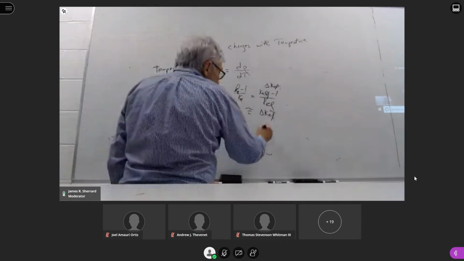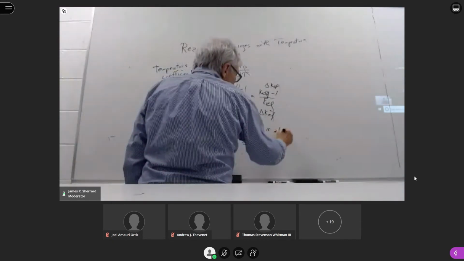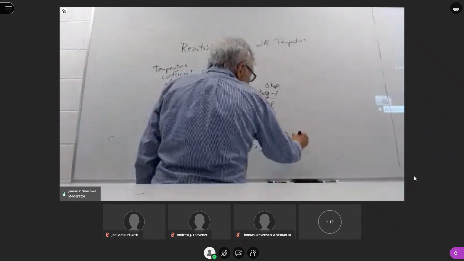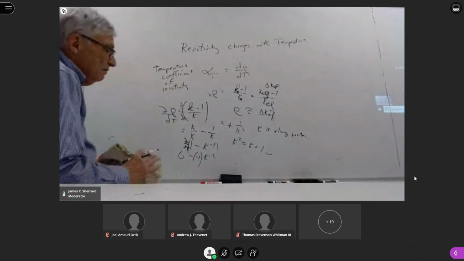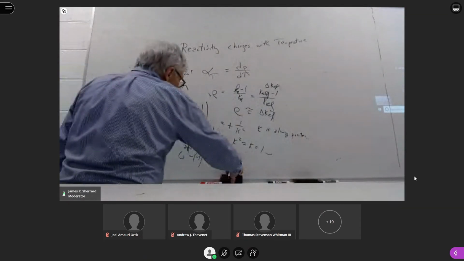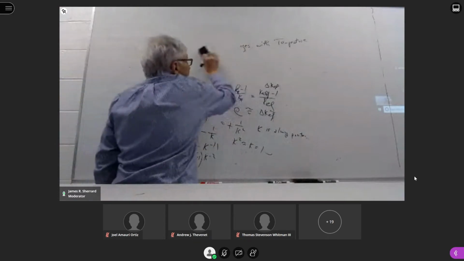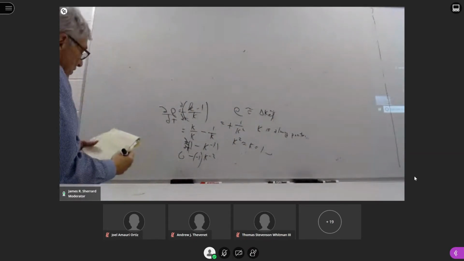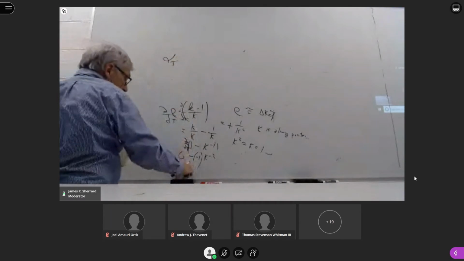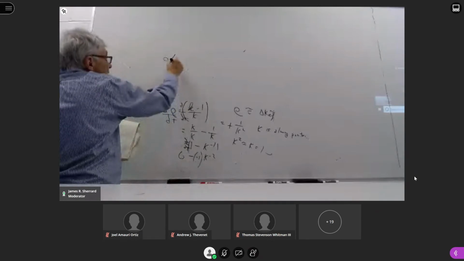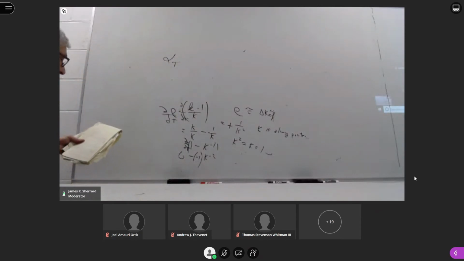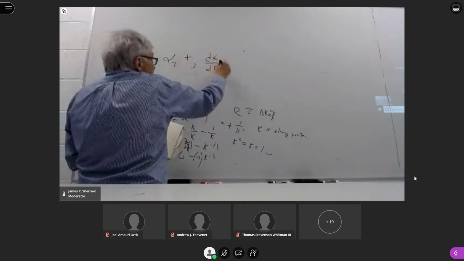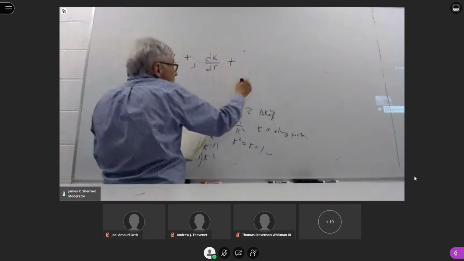And we know that K is always positive. So the bottom line, when you look at this, and you can follow this in the book, and they're showing you how they do that, is if the coefficient is positive, then the rate of change of K with T has to be positive.